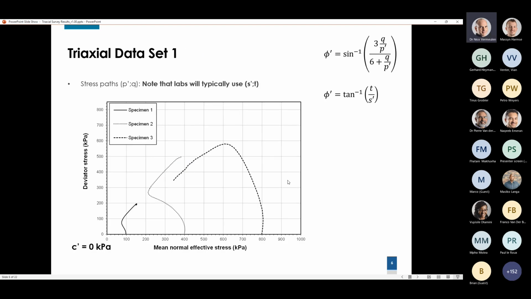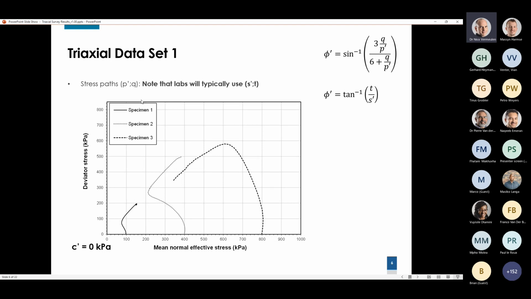The triaxial stress paths are represented on this chart. And I just want to confirm that when Andre plotted up the results, he did this in terms of the p and q stress invariants. I think Gerhard, if I remember from his slides, did show the equations. p and q are the stress invariants appropriate for triaxial testing.